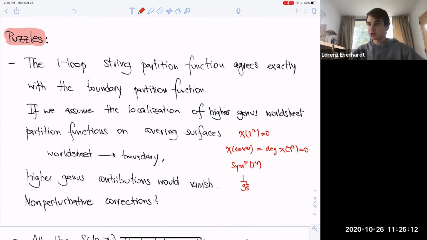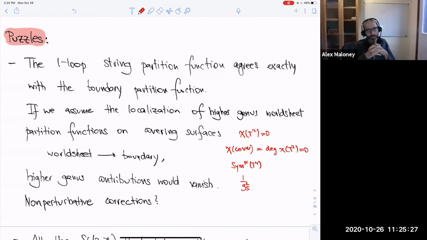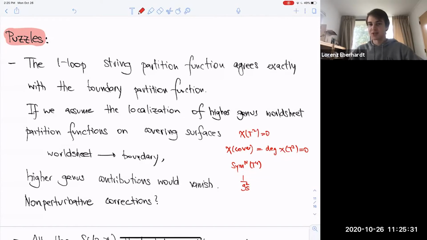So you might be worried that this spoils your computation, because you're perhaps not supposed to trust perturbative string theory in this regime. And in fact, we will see in a second that it does change the background geometry. So you can be worried that this changes the spectrum, and I fully agree with you that this is a valid worry.